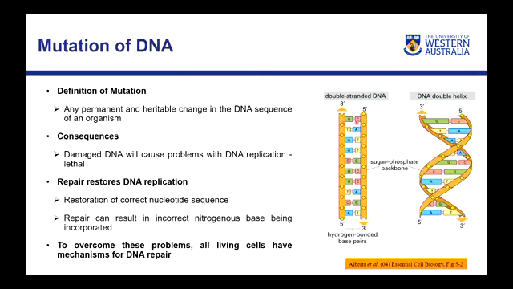G hydrogen bonds with C and T with A. Here is the double helix, and here are the minor grooves and the major grooves. So you can imagine if one of these bases were mutated, it would create a distortion that would interrupt DNA replication.